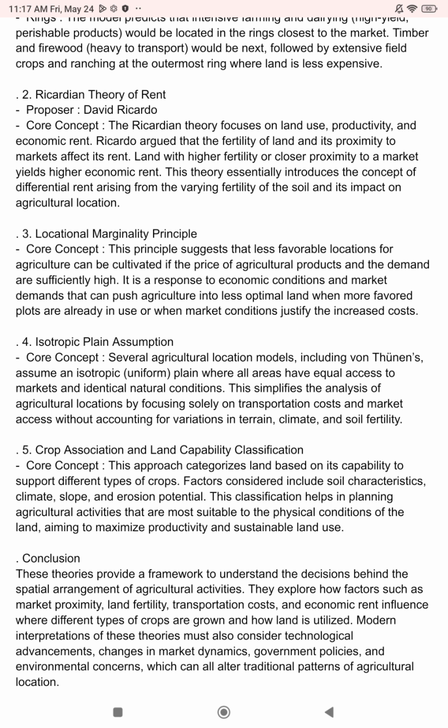Now the next theory is crop association and land capability classification. Here the core concept is that the land use depends upon its capacity or capability, because certain lands will support agriculture and certain lands will not. So we have to study what is the capability of land, and based on that we need to decide what kind of land use, what kind of crops, or whether forestry needs to be done on such land.